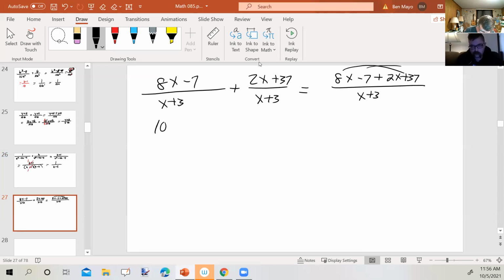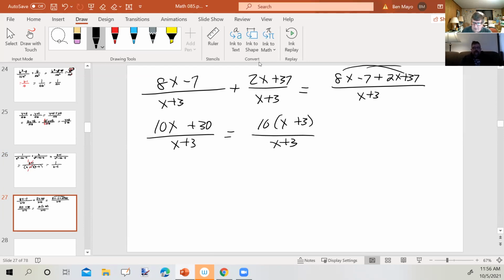Combining like terms, 10x plus 30 over x plus 3. Factoring the numerator, taking out a 10, x plus 3 over x plus 3. Reducing out the common factors, final answer, 10. That worked out nicely.